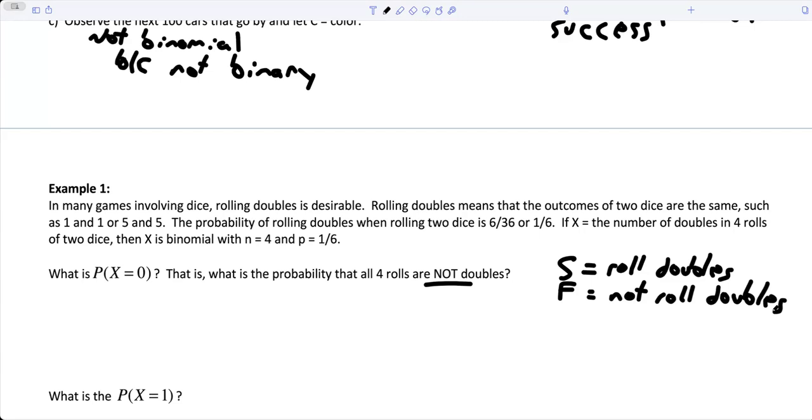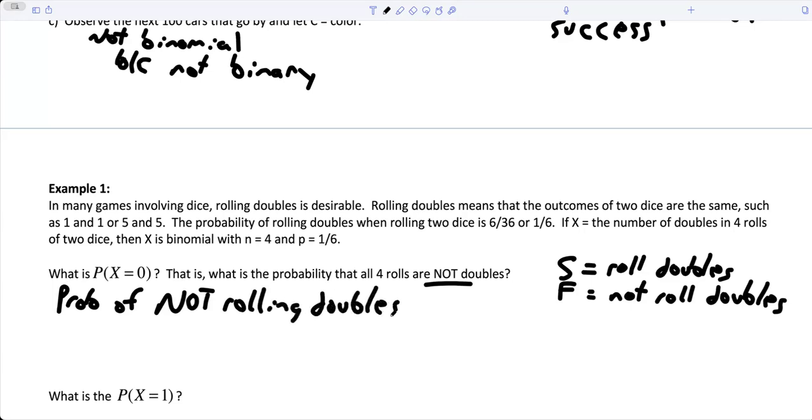So what is the probability of not rolling doubles? Well, if the probability of rolling doubles is 1 out of 6, then the probability of not rolling doubles would be 1 minus 1 out of 6, which is 5 out of 6.